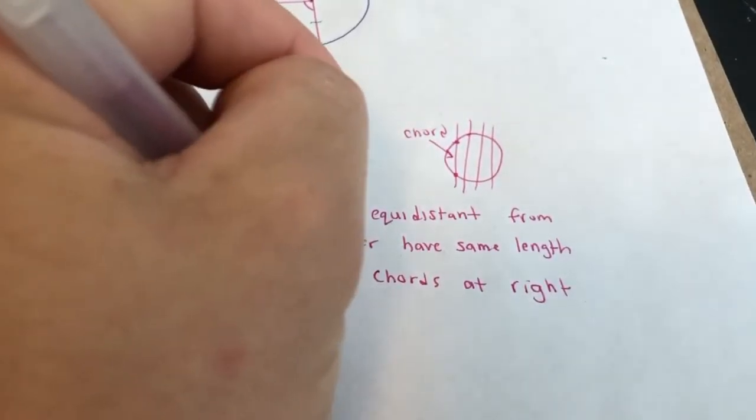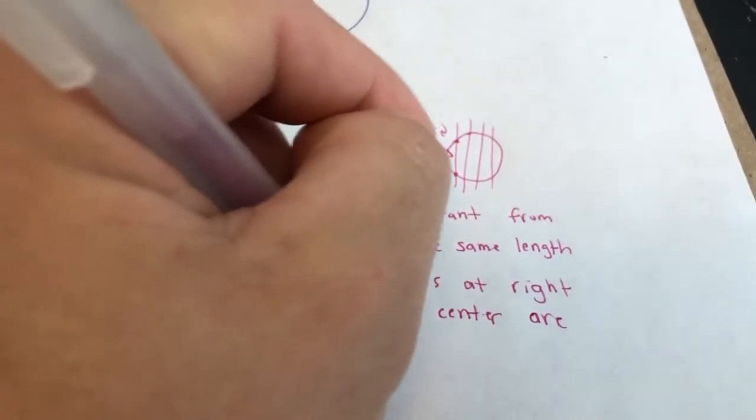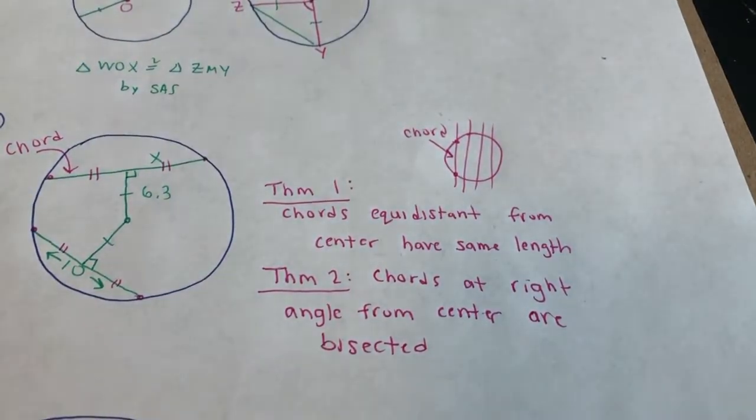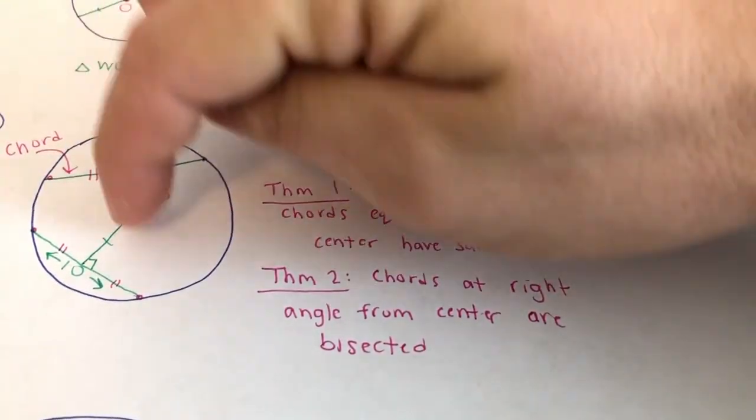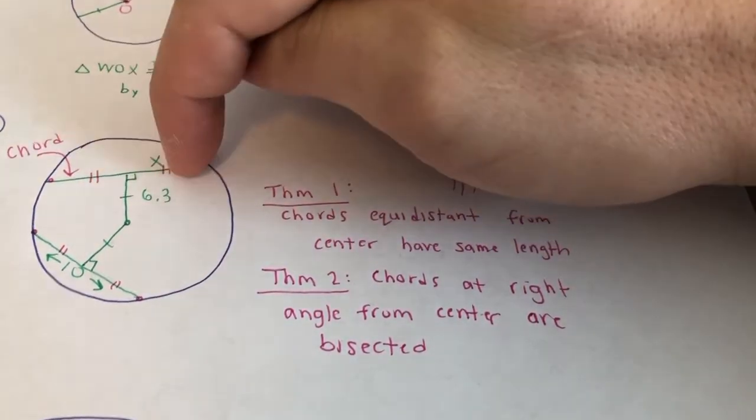So: chords at right angle from center are bisected. We use the word bisected because that just means that this line right here cuts this in half.